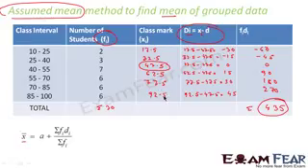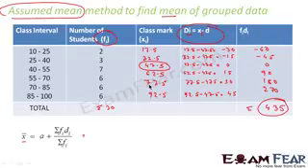Earlier we multiplied 92.5 into 6, 77.5 into 6. Now we are multiplying 30 into 6, 0 into 7, minus 15 into 3. These values are less, and summation fi di also came out to be less. So I need to handle smaller data, not big data. Now I'm using the formula A plus summation fi di by summation fi.